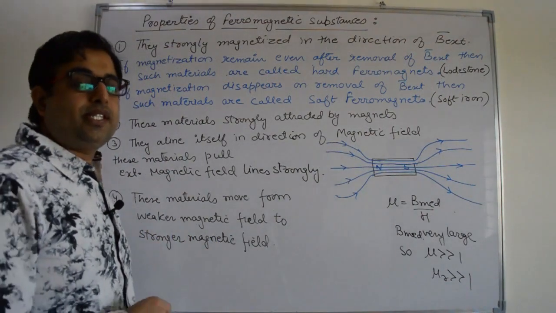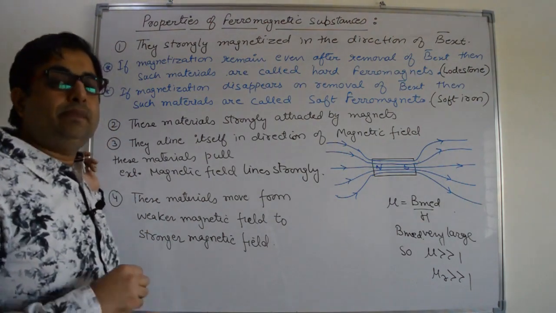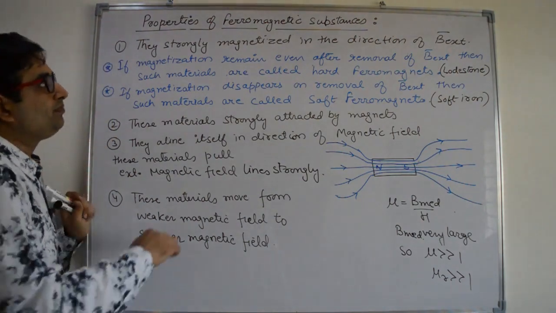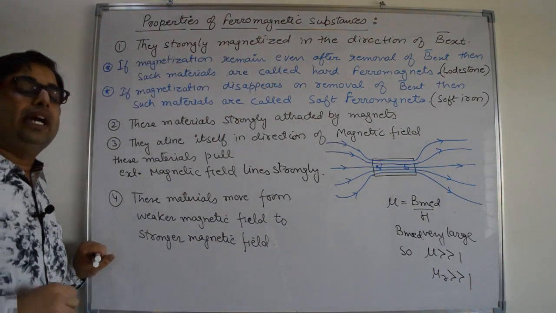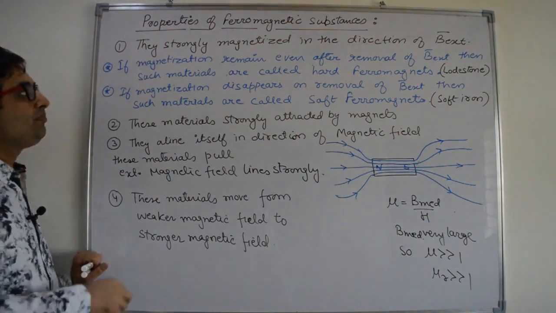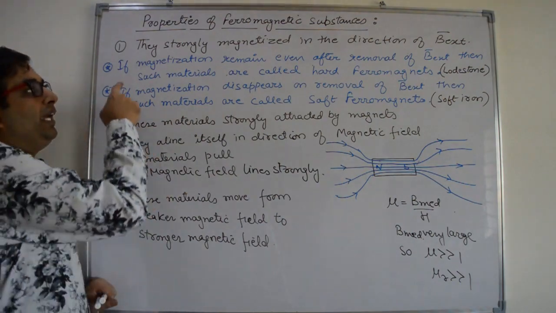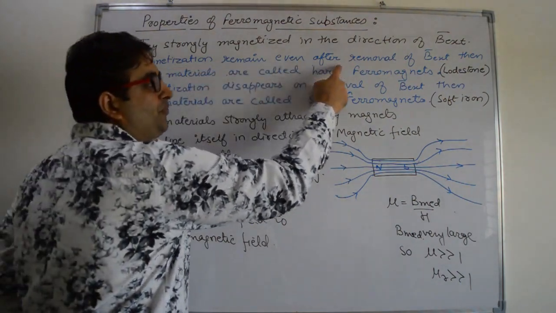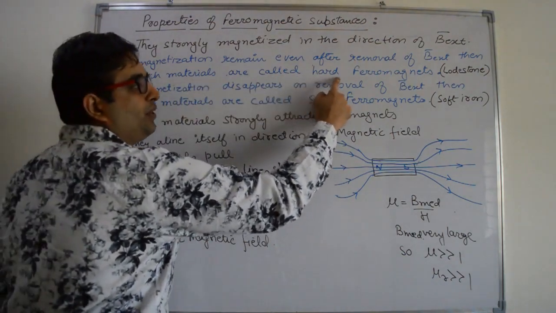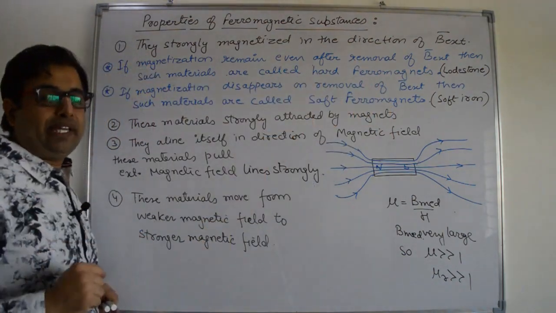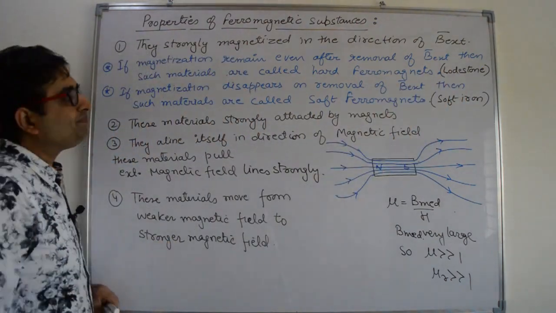Now let us discuss the properties of ferromagnetic substances. First property is the basic nature of ferromagnetic material. They strongly magnetize in the direction of external magnetic field, and the reason is domains. We can divide ferromagnetic materials into two parts. If the magnetization remains even after removal of external magnetic field, then these type of materials are known as hard ferromagnets, and the example is lodestone, basic iron ore.